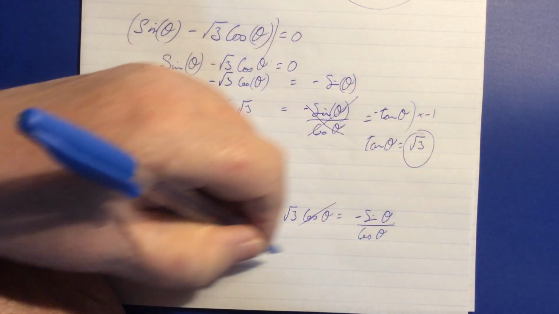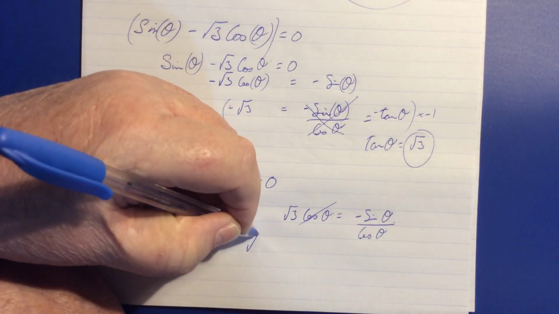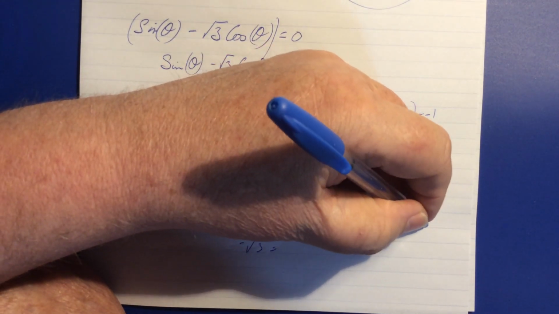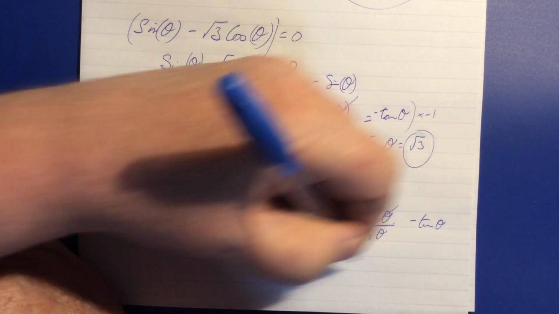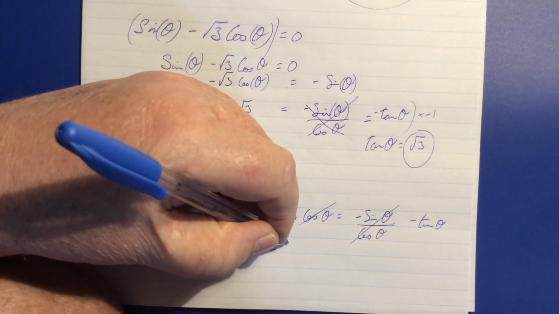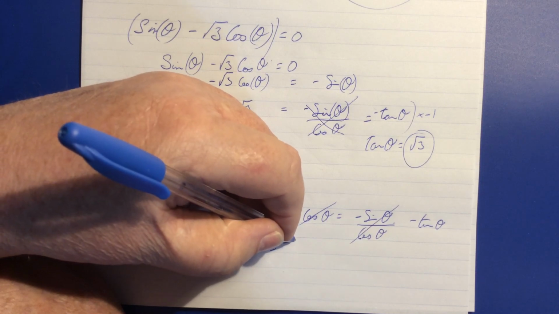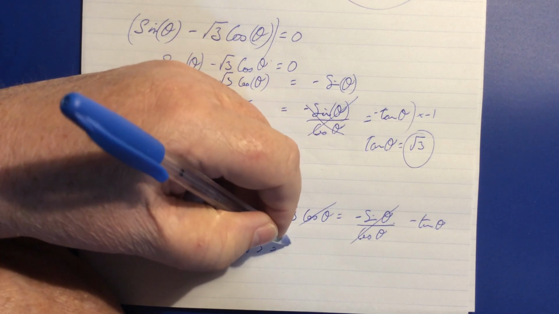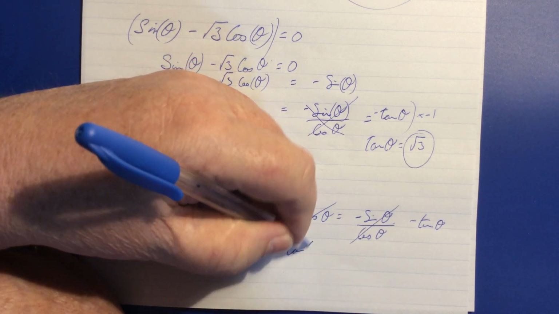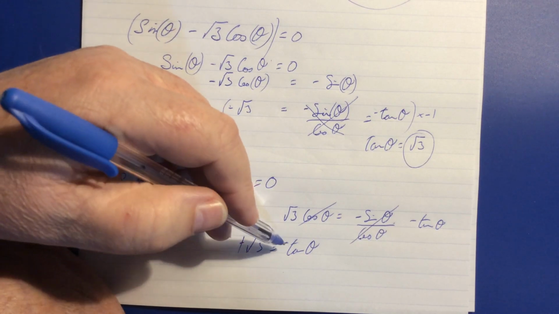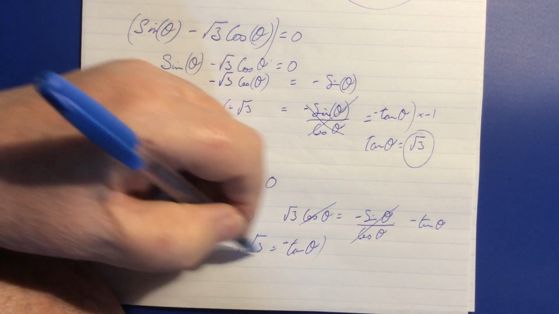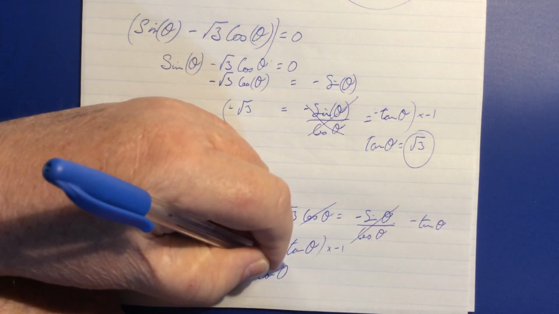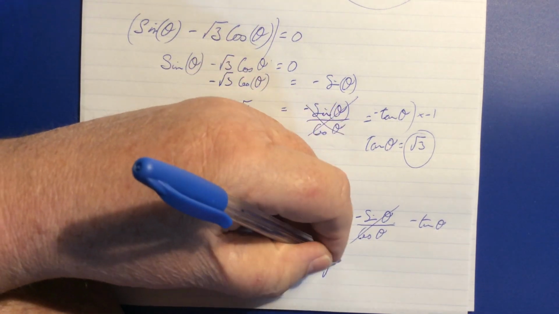So we've got negative root 3 equals negative tan theta. No, that's positive. What am I saying? Equals negative tan theta. So multiply through by negative 1, and we get tan theta equals negative root 3.